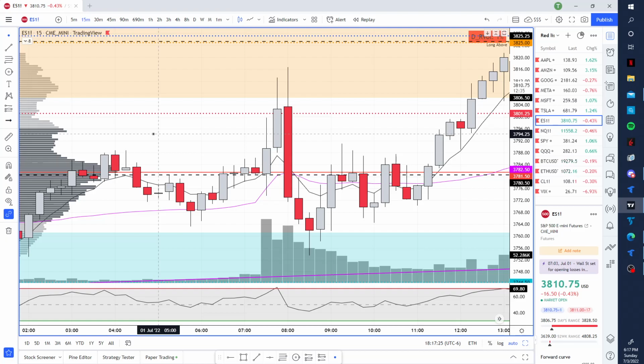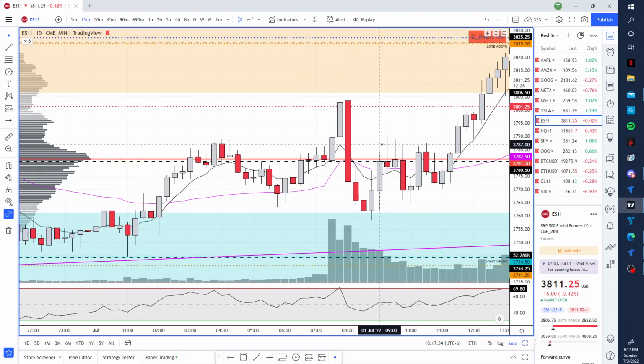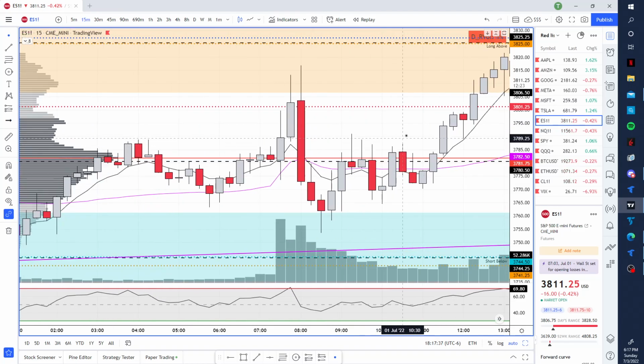That's smart too, basically putting your profit target a couple points or even half a point in front of a big area on the tape or on the chart.